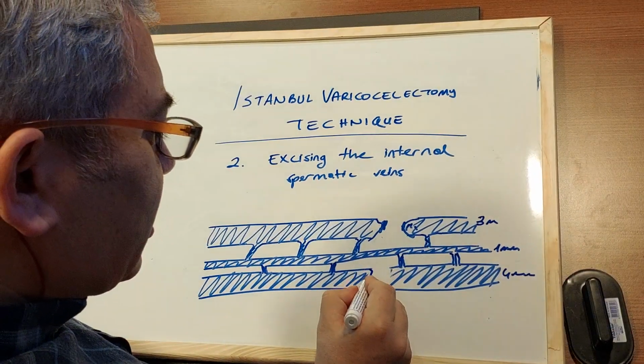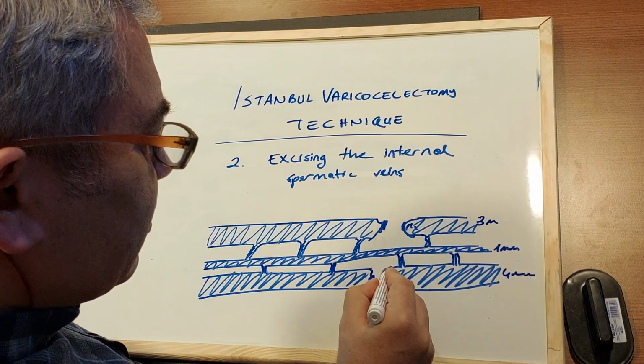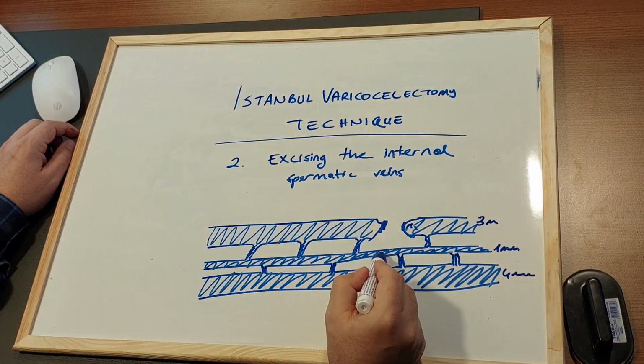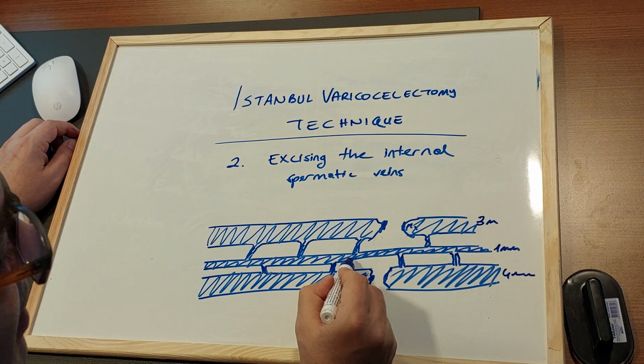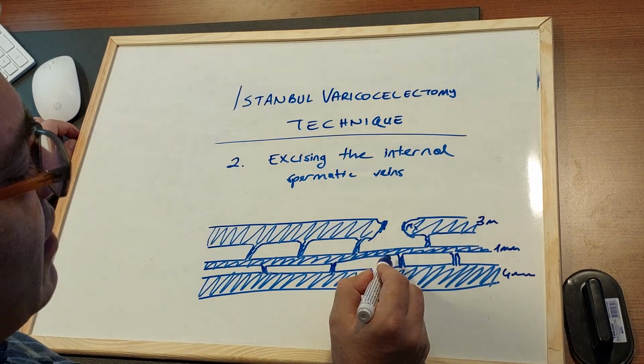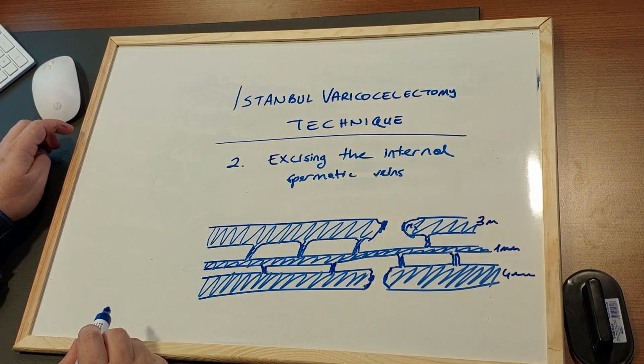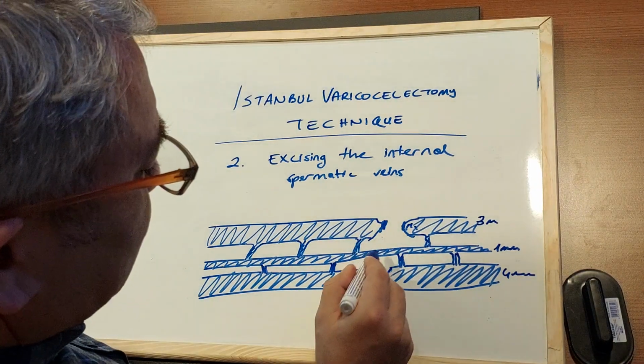But you are usually scared to cut this branch because it's very thin, and next to it there may be an artery. So people usually leave these tiny veins and they remain.